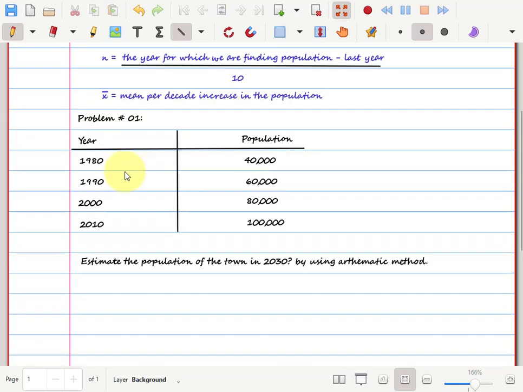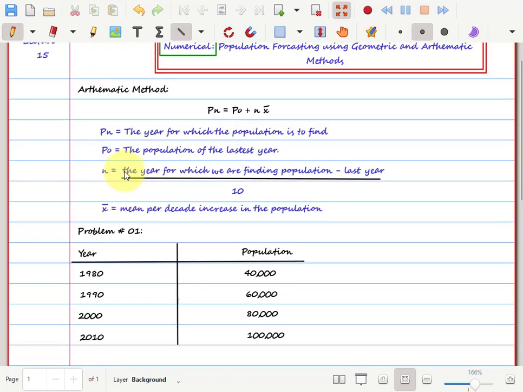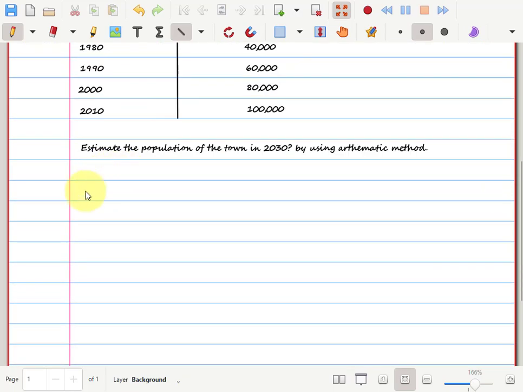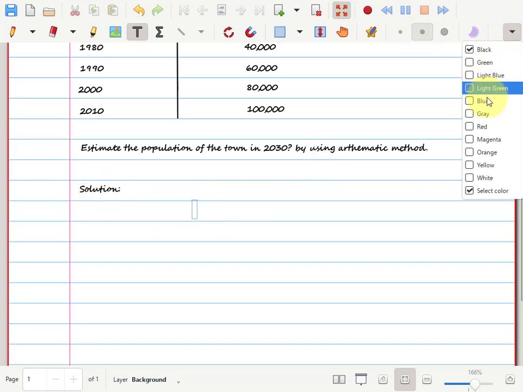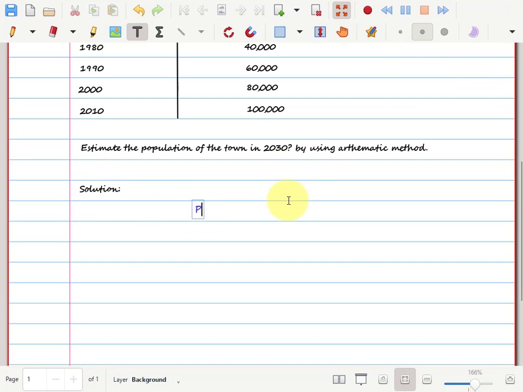So let's first write down the formula for the arithmetic method. As we know, Pn is equal to P naught plus n x bar. So in this solution, the first thing you need to write down is the formula. What is the formula?